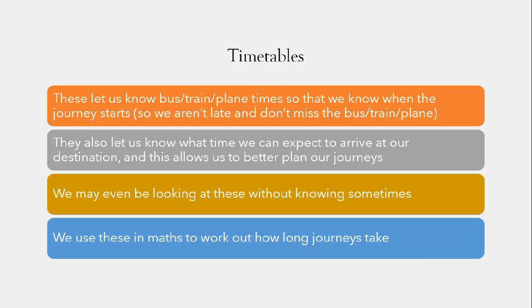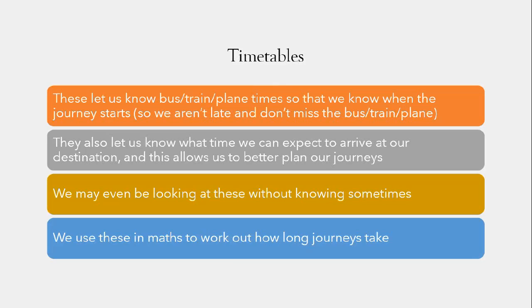But they also let us know what time we can expect to arrive at our destination. This allows us to better plan our journeys, set things out, organise when we'll be arriving in a new place so that we know when we need to, for example, check into the hotel or arrange the taxi.